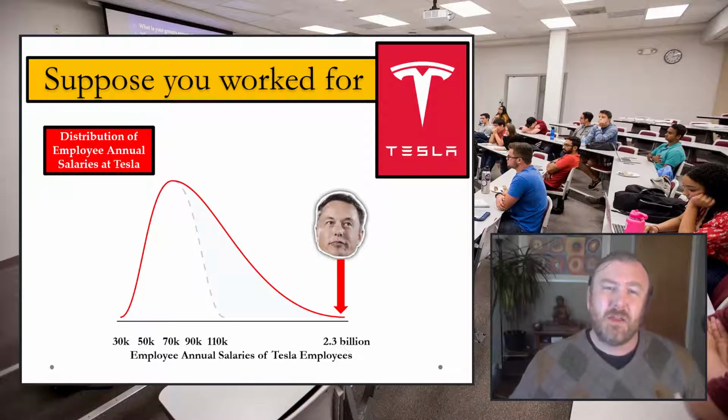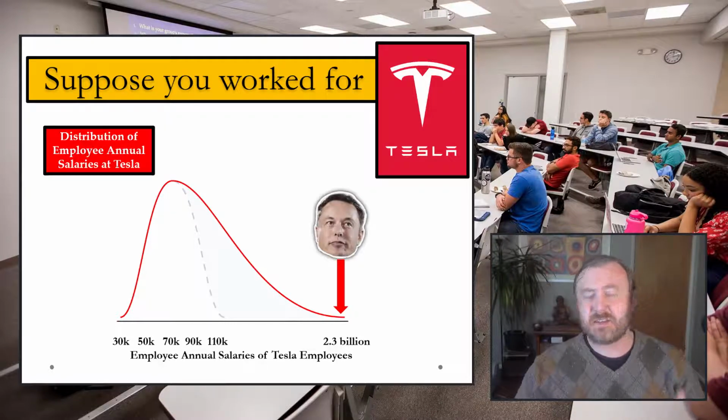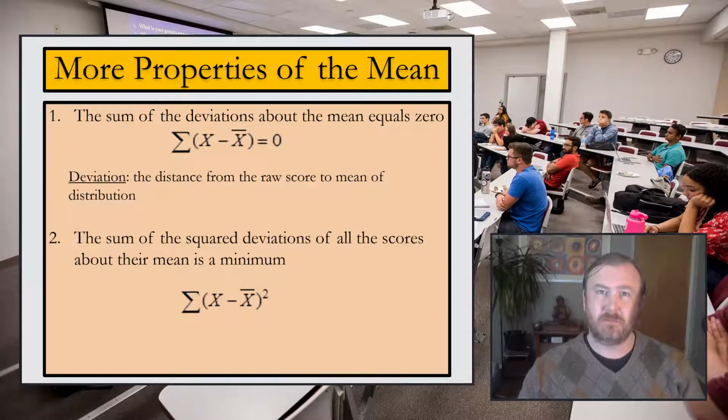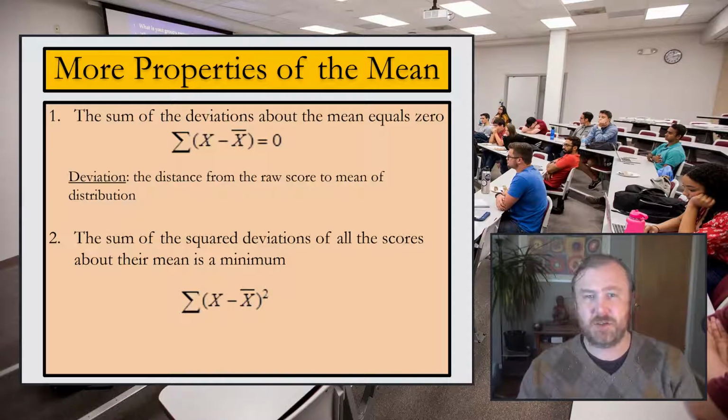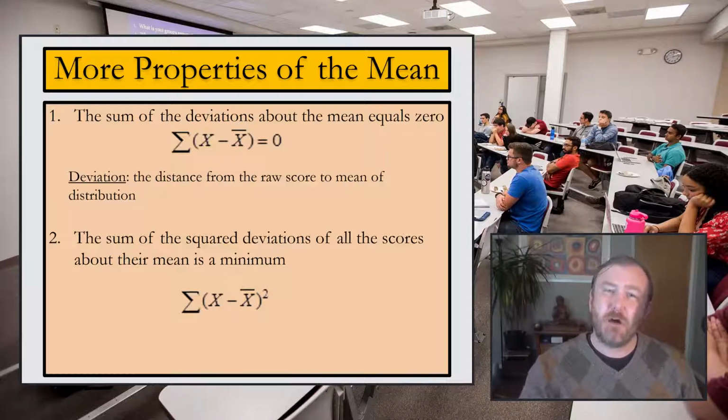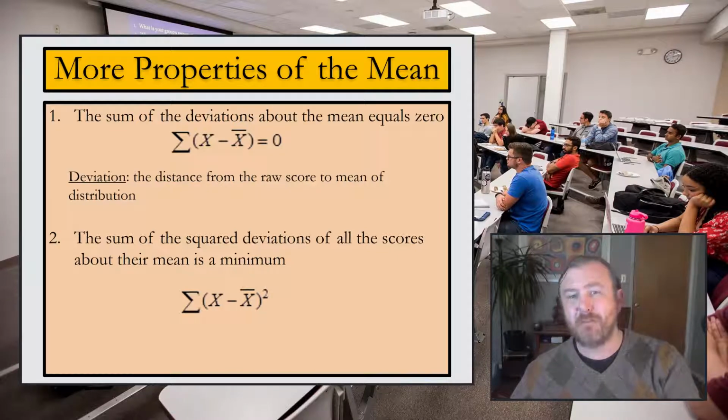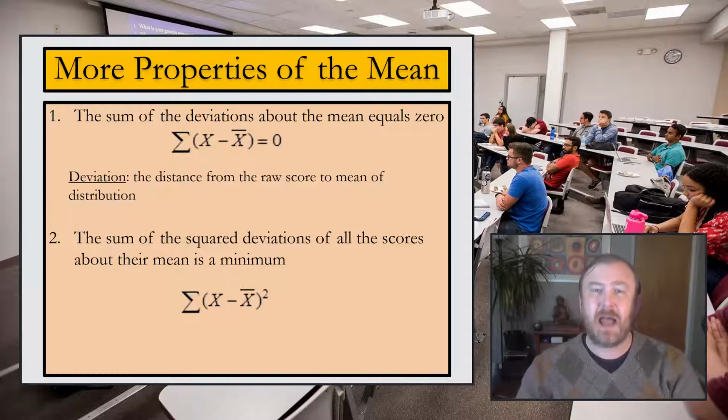So another way of saying this is that the sum of the deviations about the mean equals 0, right? So the deviation is simply the distance from a raw score to the mean of the distribution. In other words, the differences below and the differences above the mean cancel out.